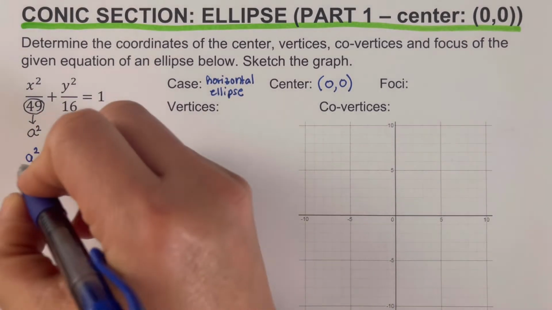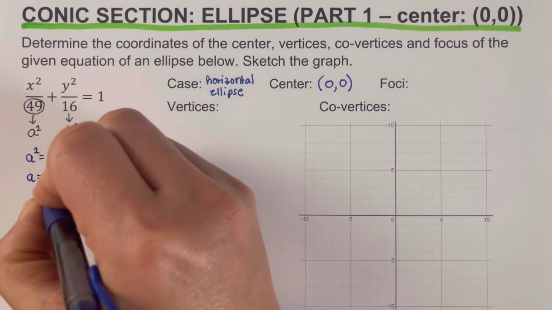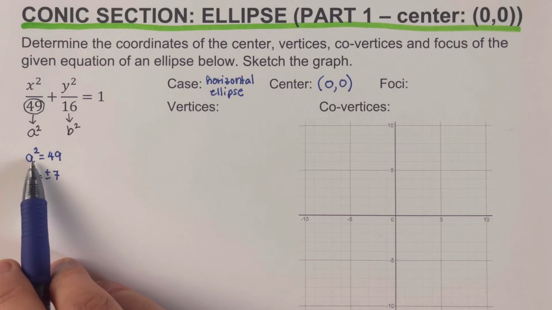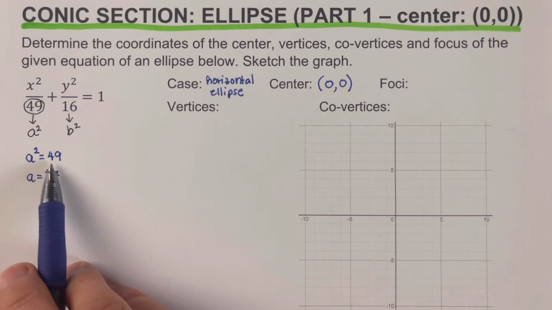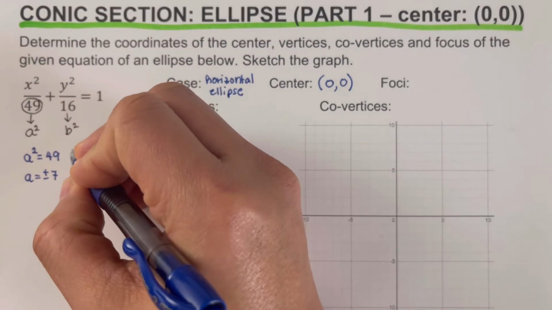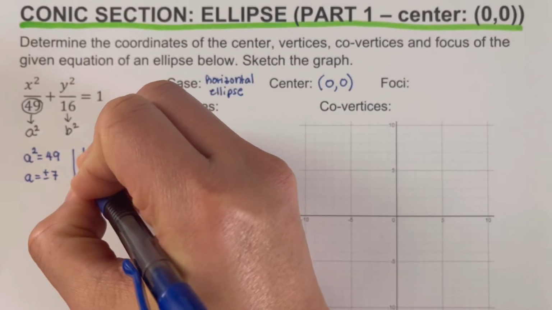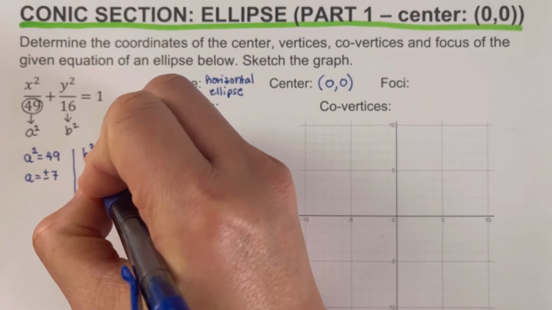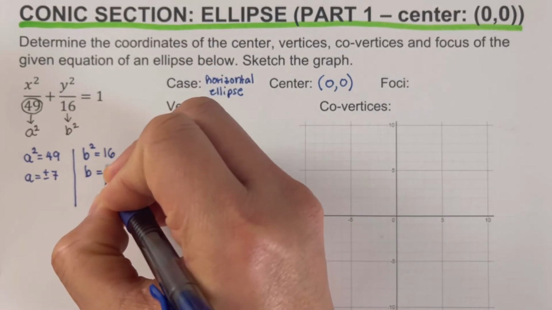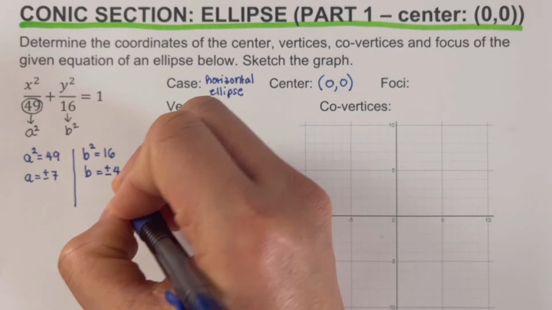So solving for A is actually plus or minus 7. We take the square root of both sides. So the square root of A squared, and the square root of 49, would be plus or minus 7. To solve for B, it's the same thing. B squared is equal to 16. And so our B value is plus or minus 4.